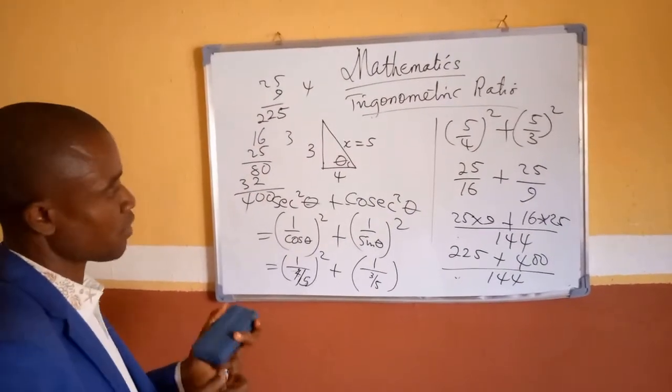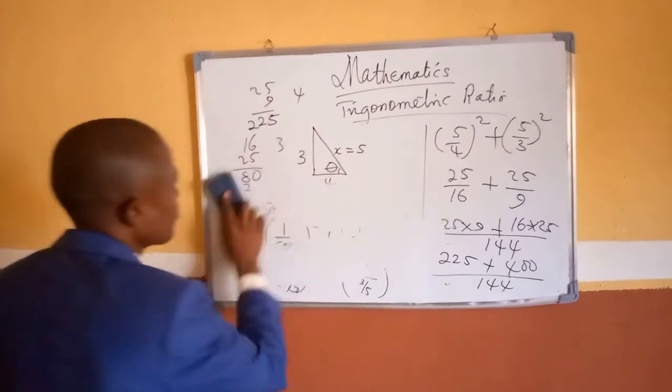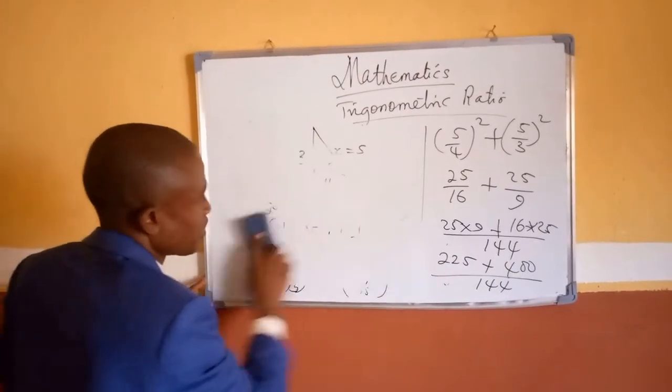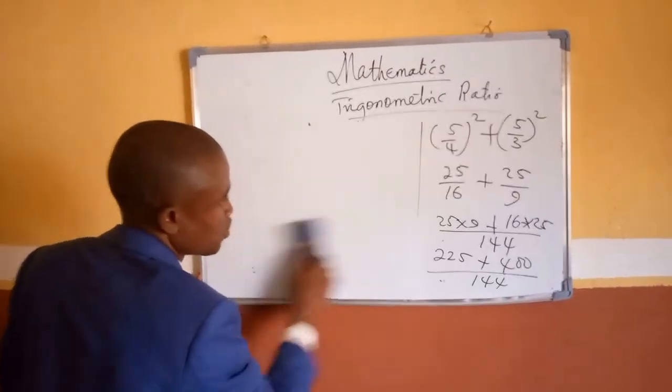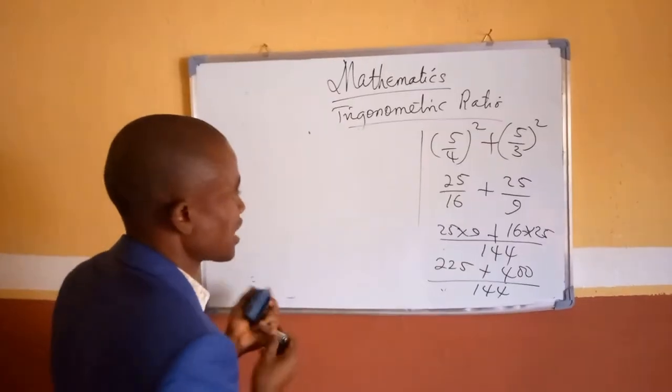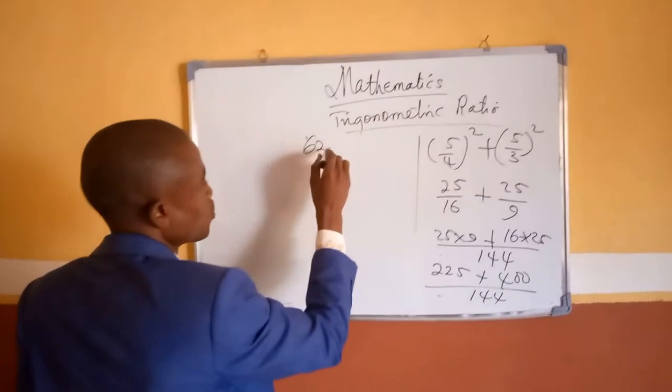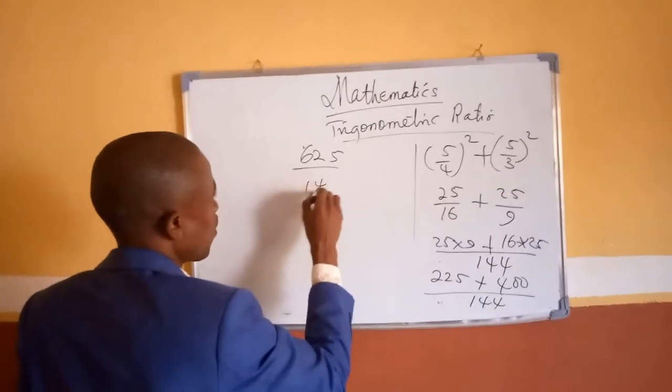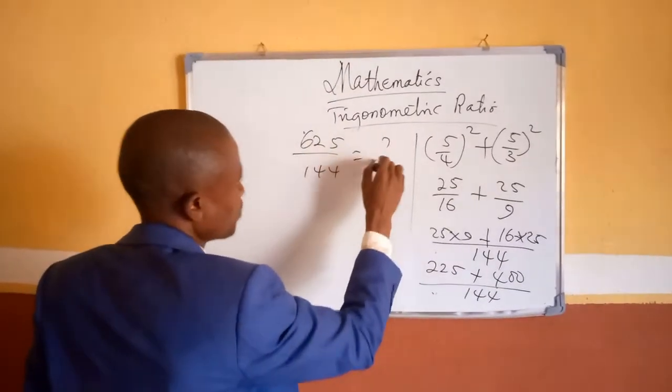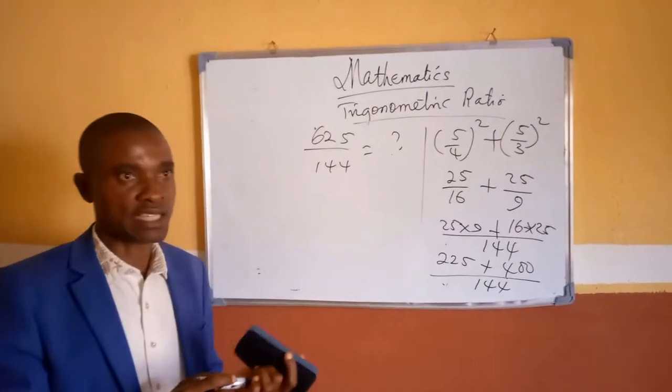I hope we are okay with that. That's the multiplication. So what do you have? 225 plus 400 gives us 625 all over 144. At the end, you arrive at a particular answer.